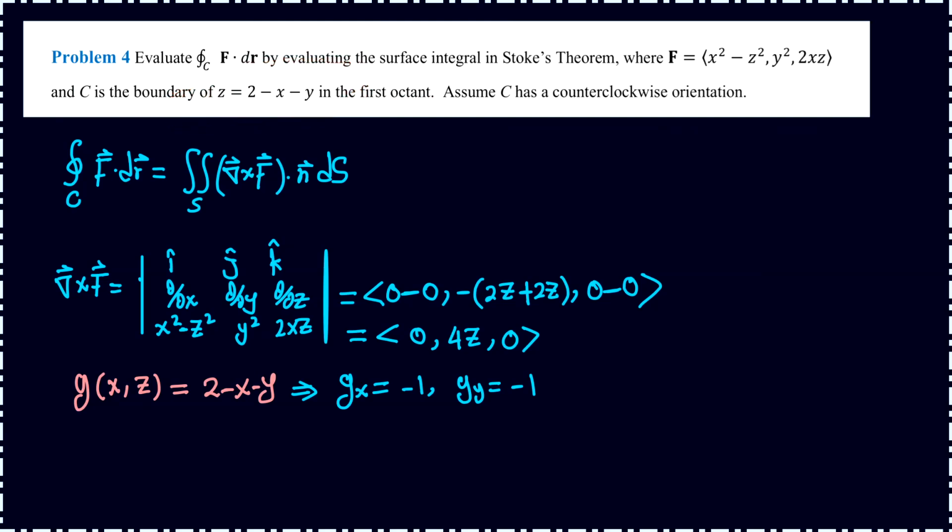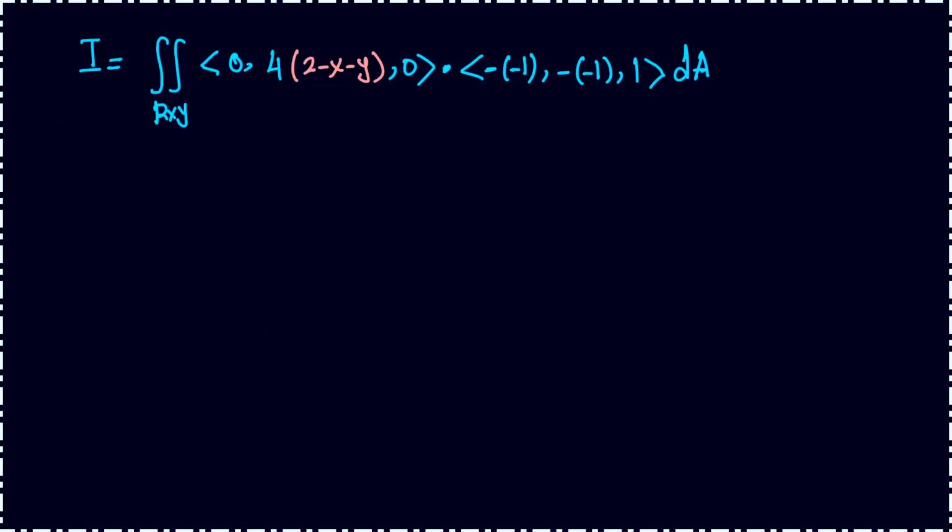To get the boundary of the projection, you want the trace of this plane with the xy plane, or z equal to 0. This trace is just the line x plus y equal to 2.